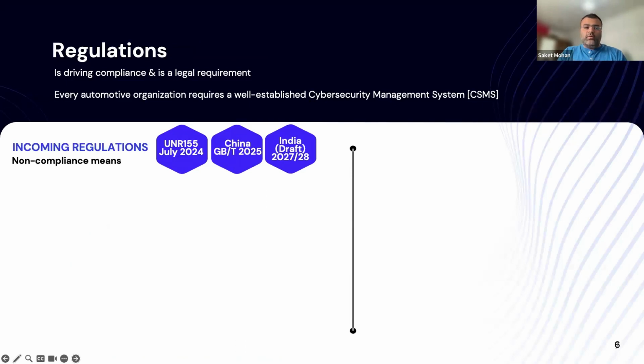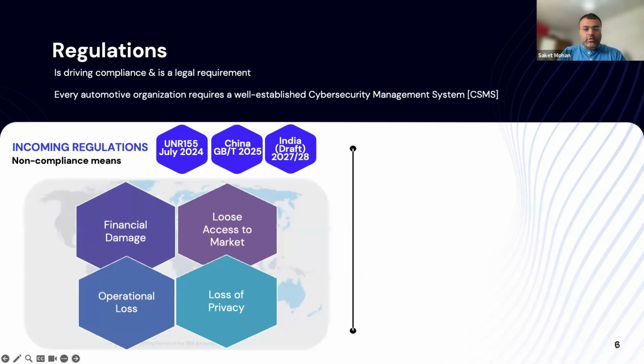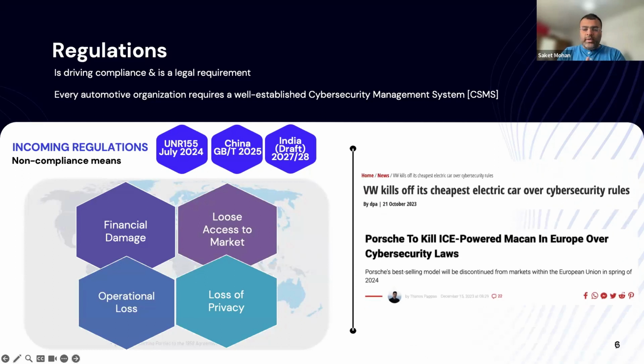Going back to the point of regulation, I think many of you on the call know that UN R155 is the latest regulation for automotive that specifies a set of requirements to be fulfilled, and not doing so will lead to penalties, mainly around you not being able to sell those cars in the local market, or rather in international markets in those applied regions.